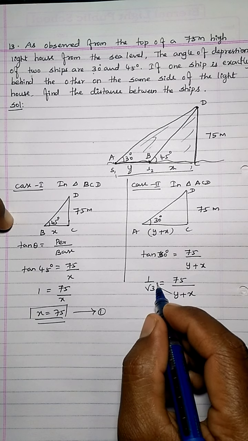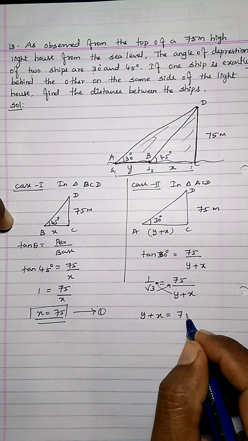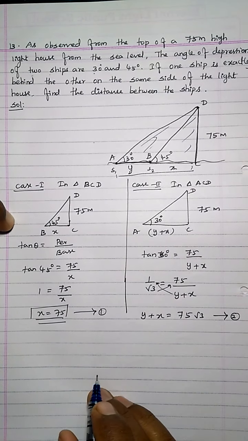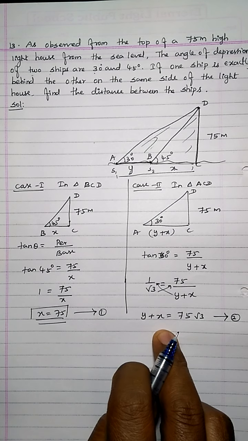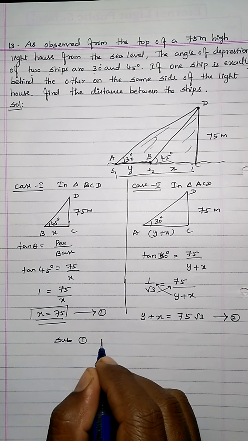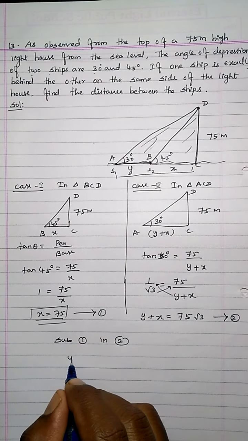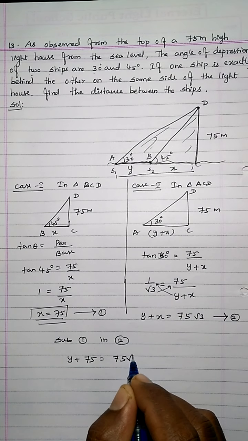Just cross multiply, then y plus x equal to 75 root 3 is the equation number 2. Now already in equation number 1 we got the x value. Substitute here to get the y value. So we can write, substitute equation number 1 in equation number 2.